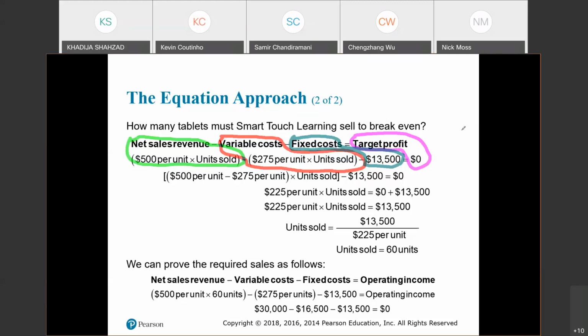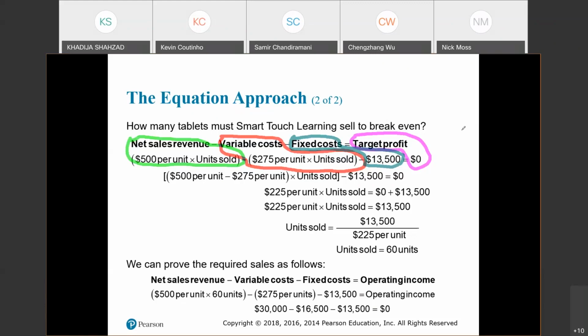By solving this equation, you can get the units sold equals 60. So this is the first approach to get to know the break-even point.